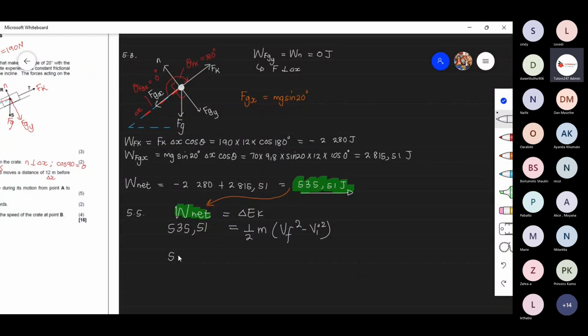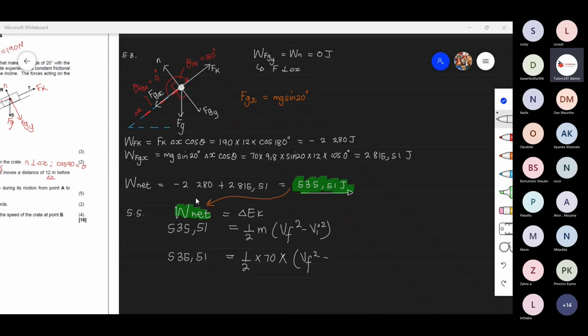Now, bring down 535,51 equals a half times our mass. Our mass is 70 kg, times our Vf squared, which is what we are calculating, minus V initial squared.